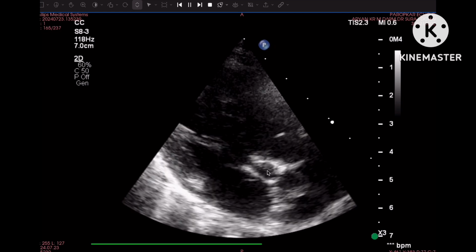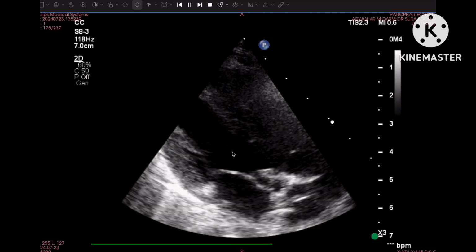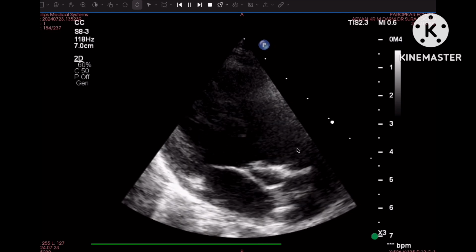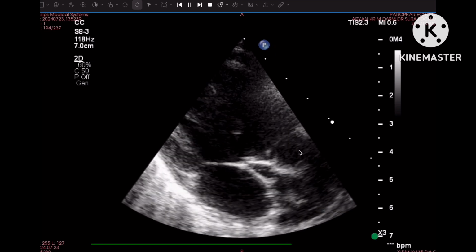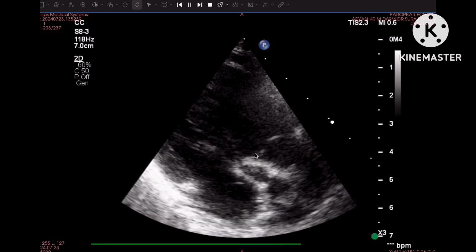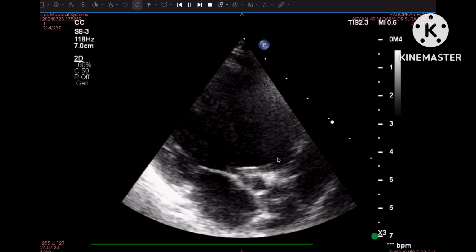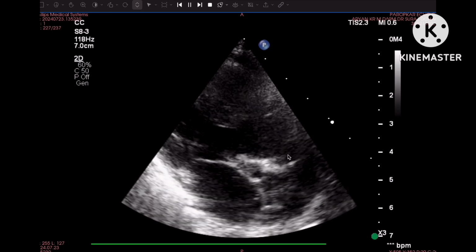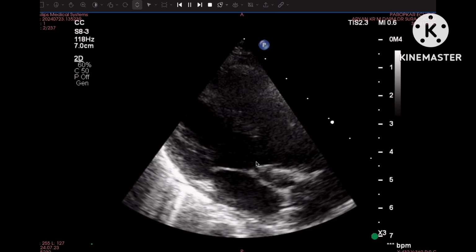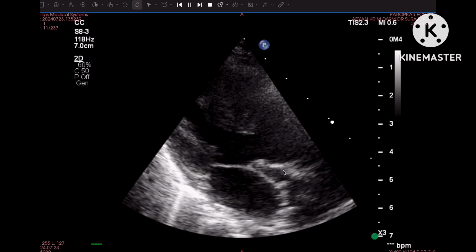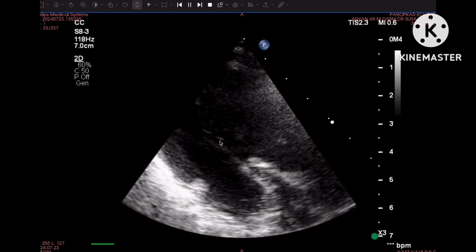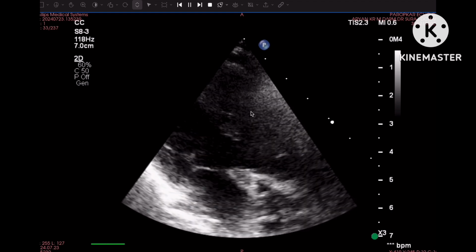D-transposition means the pulmonary artery is coming almost all from the left ventricle, and the aorta is coming mainly from the right ventricle, but less than 50% of the aorta is also coming from the left ventricle. This case is called D-transposition because the pulmonary artery is coming from the left ventricle and the aorta is coming from the right ventricle.